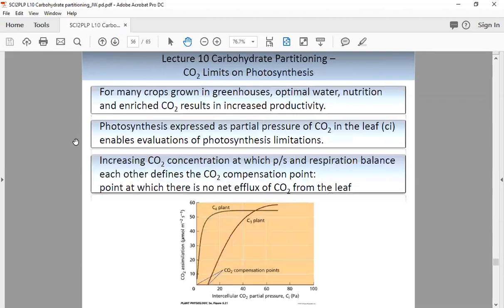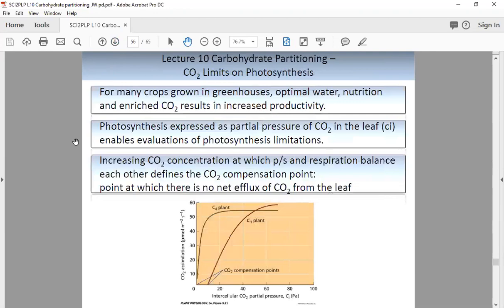So of course, carbon dioxide imposes limitations on photosynthesis. For many crops such as tomatoes, lettuce, cucumbers, for example, those crops grown in greenhouses with optimal water and nutrients and temperature and possibly a carbon dioxide enriched environment, this increases productivity.